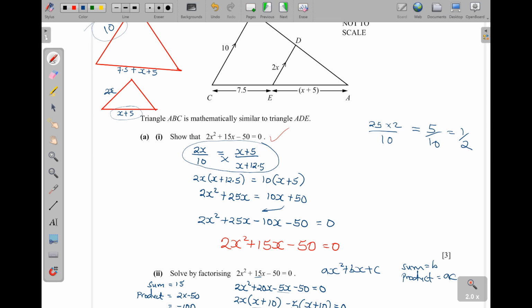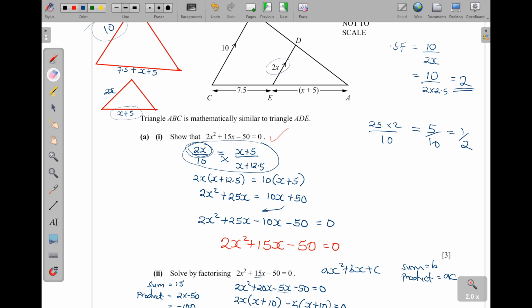You see that? Because this part here is for the smaller one, 2x, but we are supposed to say scale factor is equal to the one of the bigger one, which is going to be 10, then divide by the 2x. Okay, now 10 over 2 times 2.5, this one will give us a 5. So 10 over 5, that is a 2. So no, this is not area scale factor, it is linear scale factor.